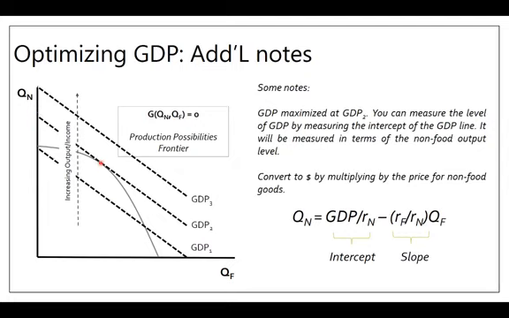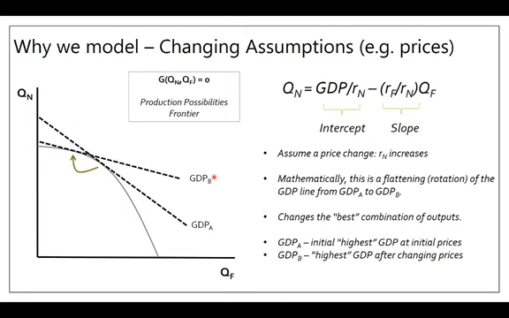Okay, so that's our solution point, and so we can get rid of this one because it's inefficient on our criteria of making the highest GDP level. We get rid of this one because it's not feasible. Okay, so this is the highest one that's still feasible.